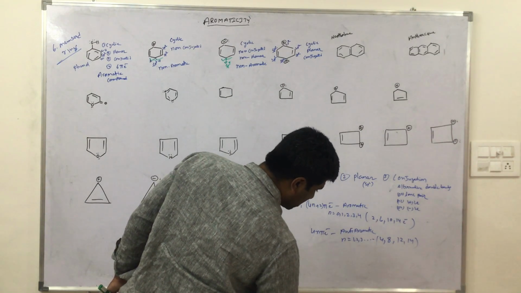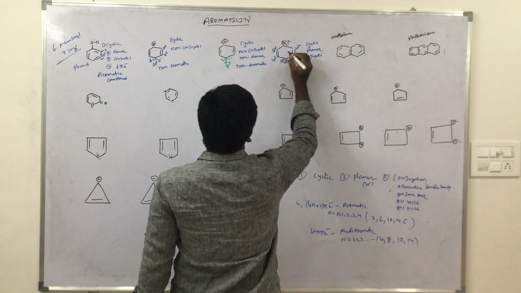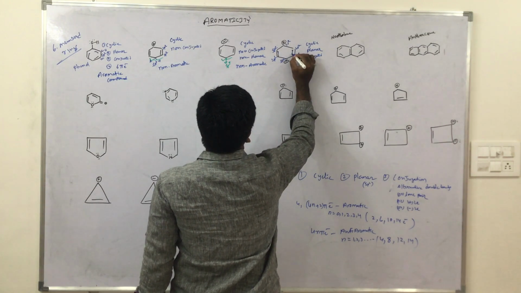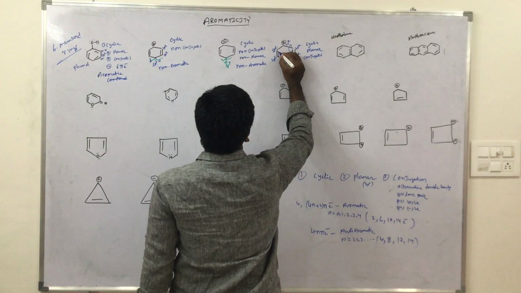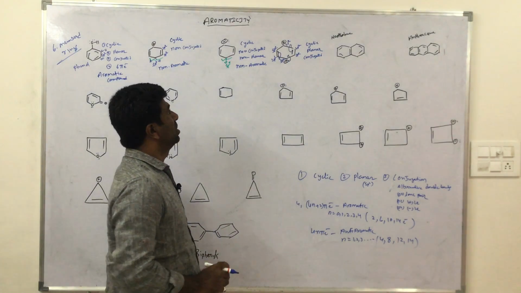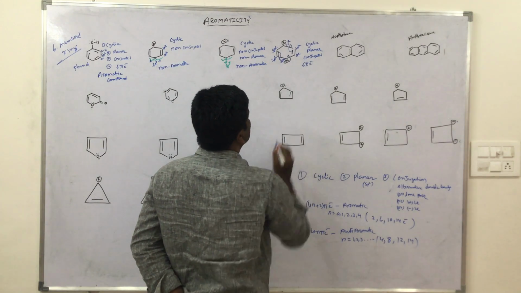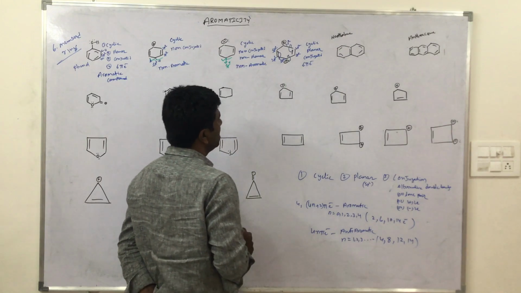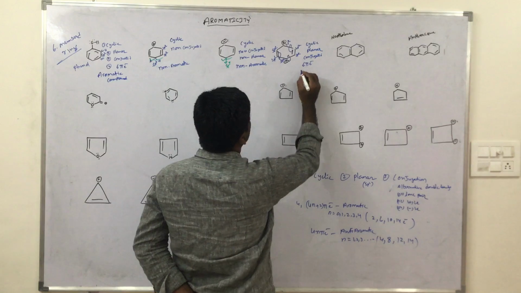And how many electrons are present? 1, 2, 3, 4, and these two lone pair electrons participate in delocalization. So total 6 pi electrons. 6 belongs to this category, aromatic.